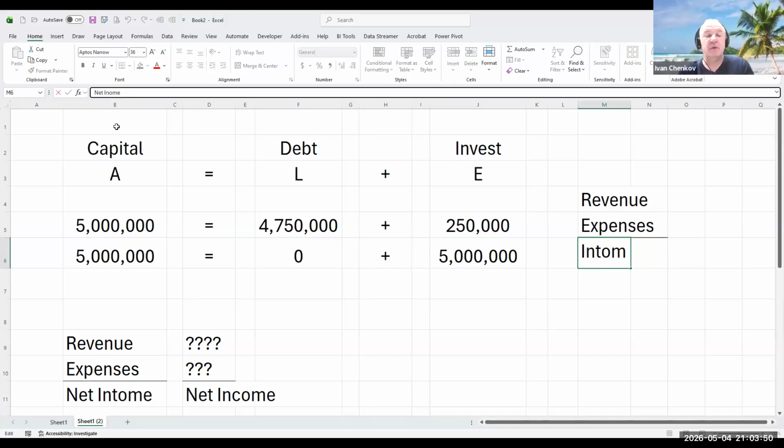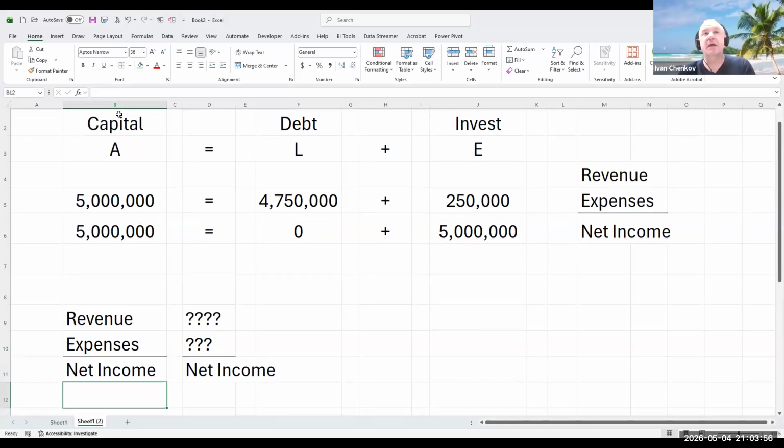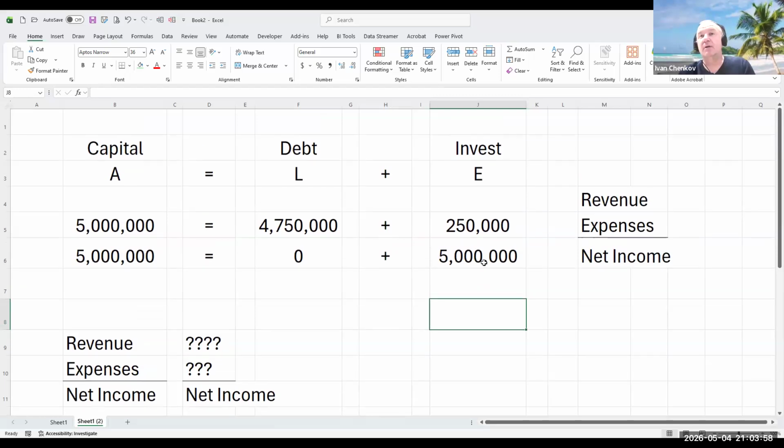Let's move that T, make it C. So once I get the income, that income is going to stay in the company and convert into equity. And eventually with that income, I'm going to pay my debt because I'm generating cash, cash, cash, cash. I'm going to wash out my debt and my assets will become mine.